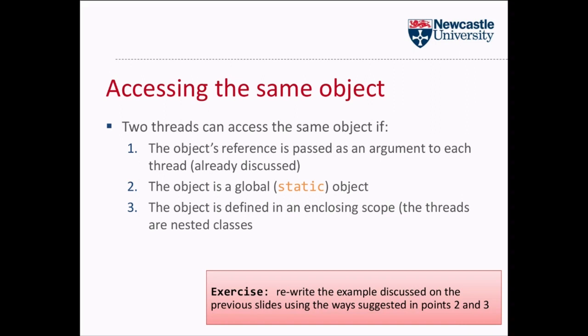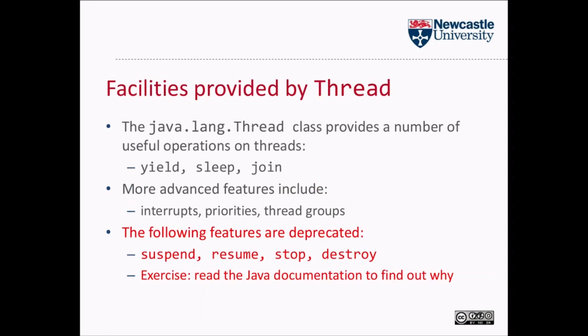And so even though AI will be a private field of a class, still the thing that you're passing is going to be the same object across all the threads, and that is also acting as a global variable. So how could I achieve that? Another minor exercise is to rewrite that in these two ways. But that will be just a matter of coding if you're not already accustomed to that.